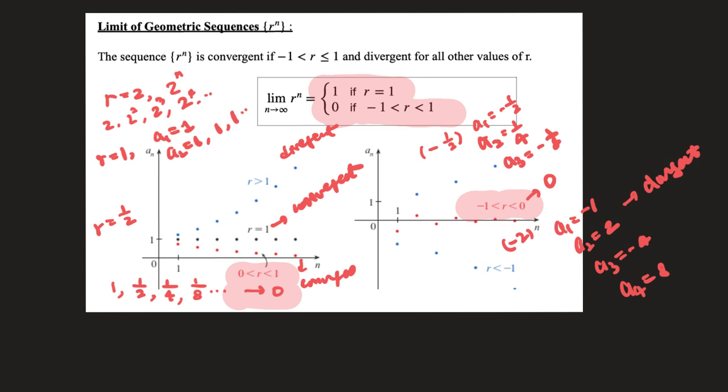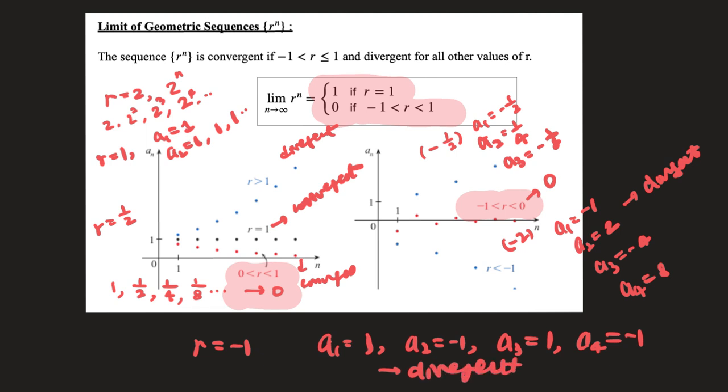What we didn't check is right here: R equals negative 1. What happened? A1 is 1, A2 is negative 1, A3 is 1, A4 is negative 1. So this one is what? Divergent.